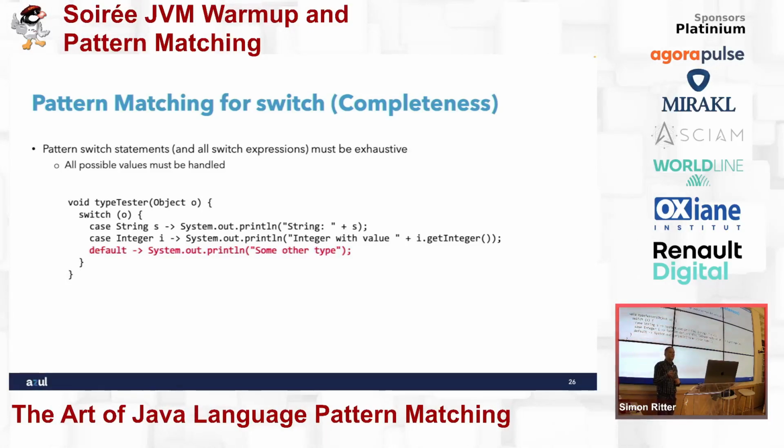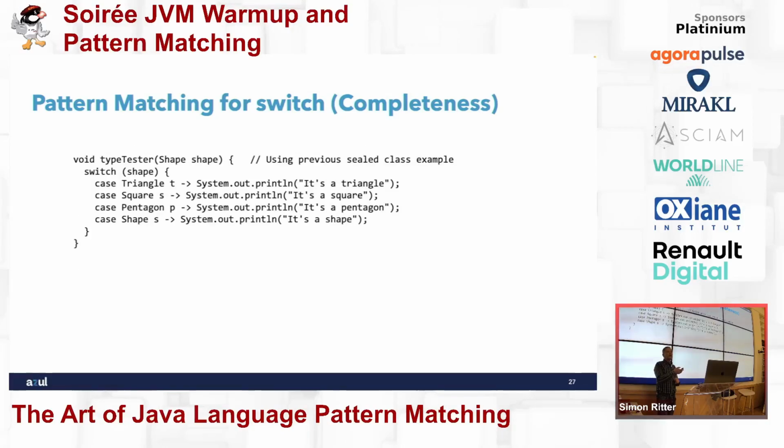How can I say that? Well, we can combine the idea of sealed classes with our switch. Sealed classes means that we have a sealed type hierarchy. And we can do this. We could say, okay, now we've got a type tester which takes a shape, and we switch on the shape and we say case triangle, case square, case pentagon, and case shape.